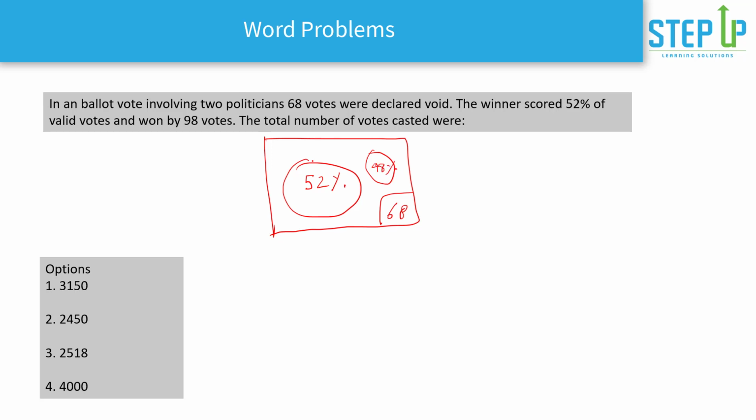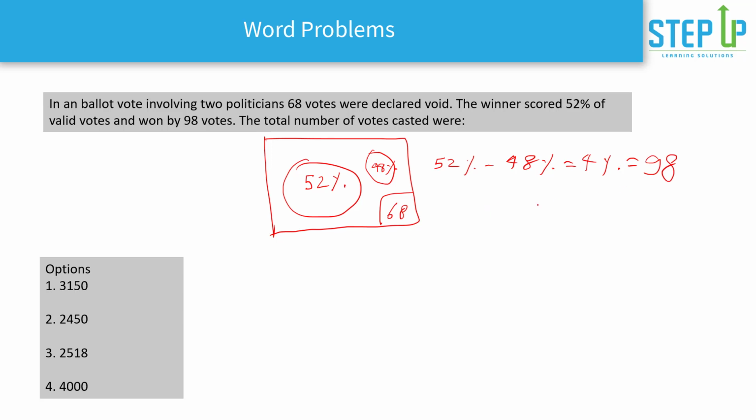Now they're saying the winner won by 98 votes. That means the difference of the two is 98. That means 52% minus 48%, which is your 4%, is equal to 98, isn't it?